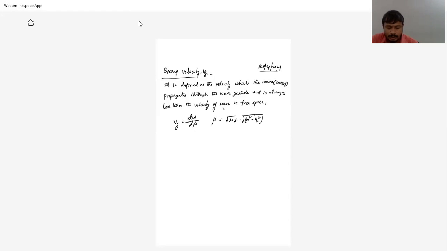Actually we want d omega by d beta, so I am taking d beta by d omega. I'm differentiating with omega. So this you can write, this is 1 by root omega into epsilon into root omega square minus omega c square, into omega into mu epsilon.